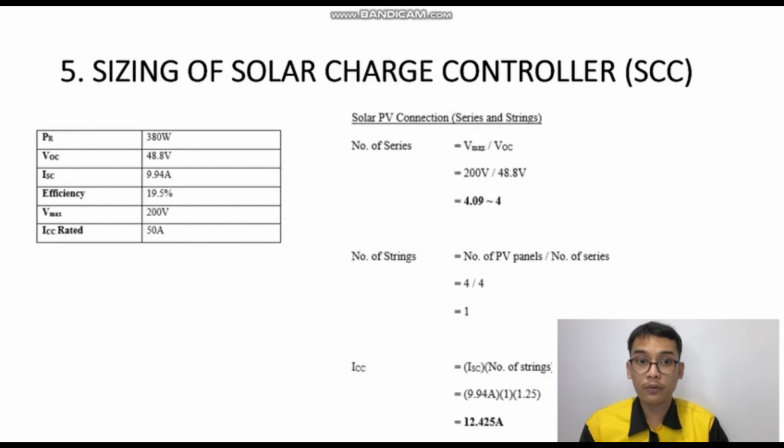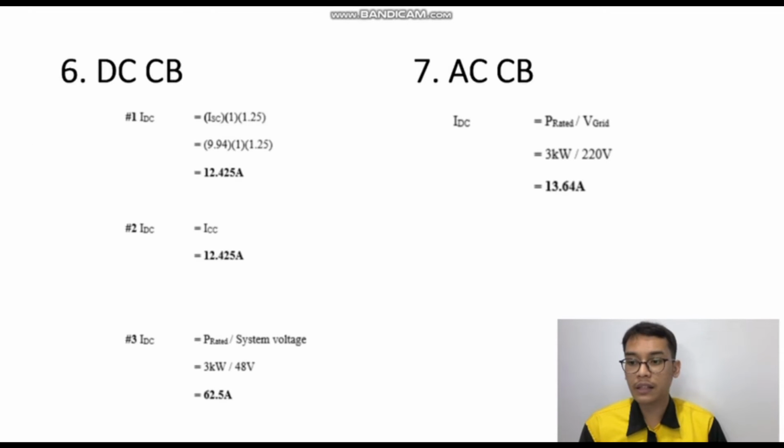The last part of this design is to determine the circuit breakers for DC and AC of the system. For circuit breaker DC1, we must use 12.425 ampere, while for circuit breaker DC2, it is the same as the value of ICC, so we use 12.425 ampere. For the third DC circuit breaker, we calculate it by using P rated divided by system voltage.